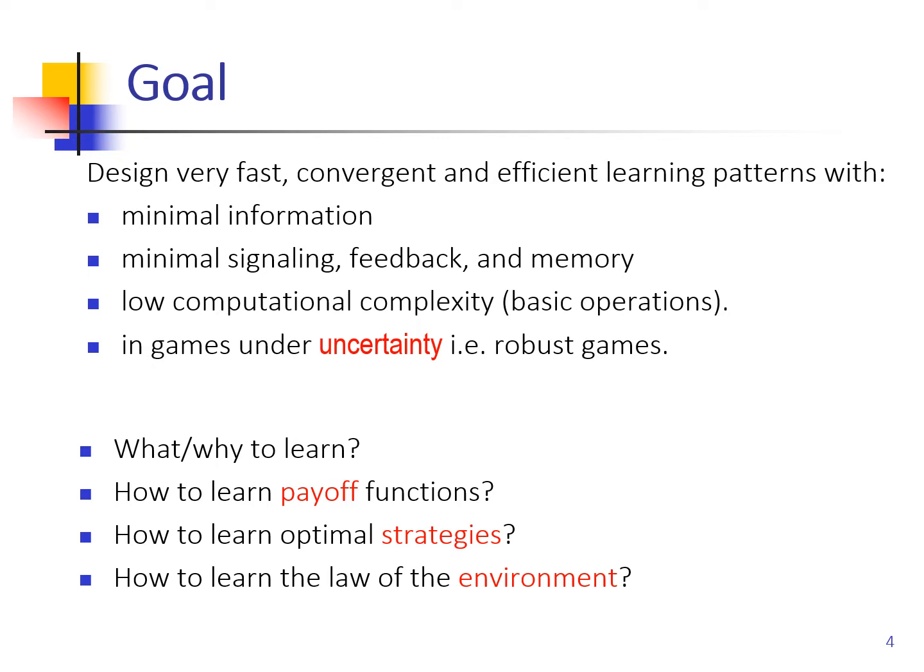This is why we talk about the notion of robust games, but we will formalize this in a more principled manner. And then one of the goals is, we will see what we mean by learning. What are we actually learning? Are we learning the reward of a given action of a given agent? Are we learning the action?